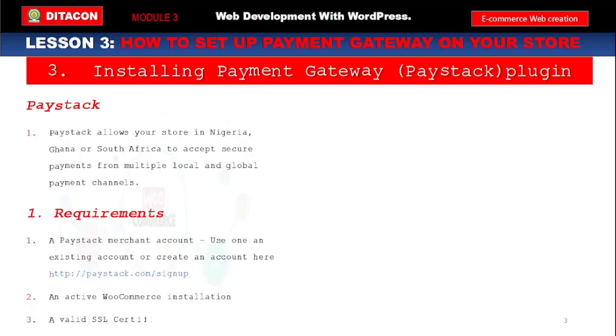Then additionally, what you need here is an SSL certificate. Since you are just a starter, you may not need to go and purchase SSL. Most hosting companies give free SSL, so free SSL must have come along with your hosting. Just contact your hosting company and ask them to activate the SSL on your website.